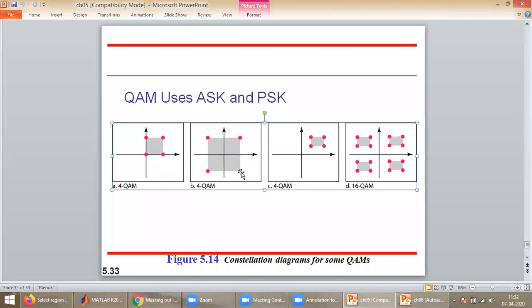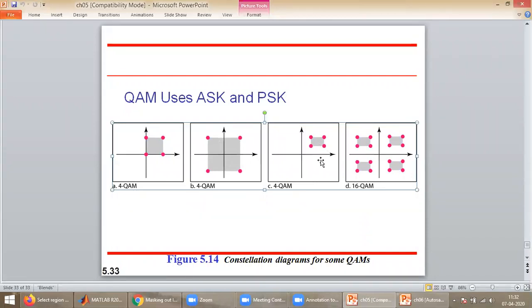Here 45 degrees with minus 10 volts, in the third quadrant. Here 45 degrees, 10, covering 4 quadrants.